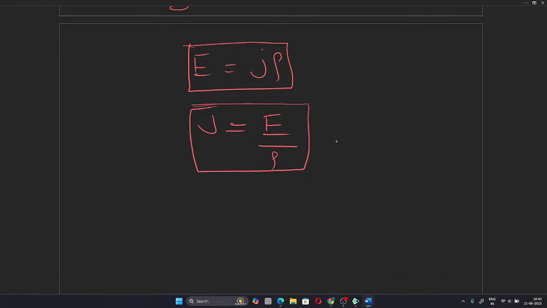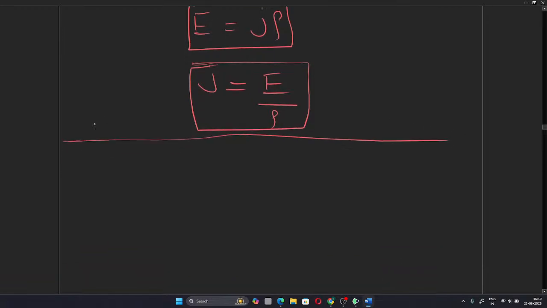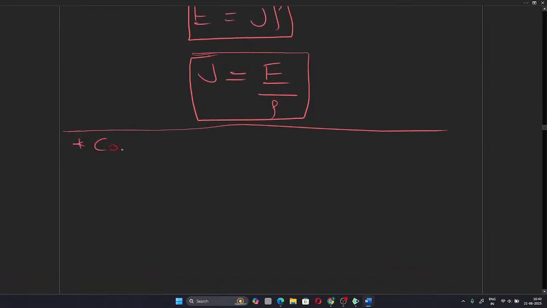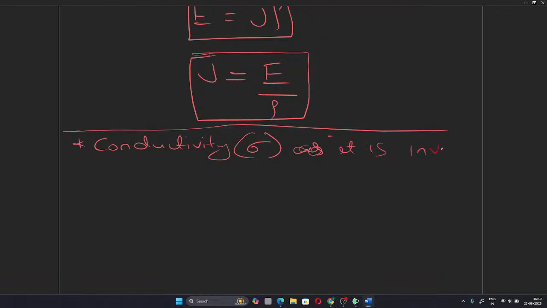Here we can define another property, conductivity, which we can represent as sigma, and which we define as the inverse of resistivity.